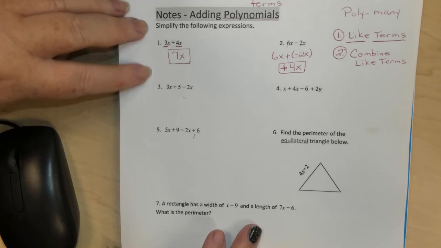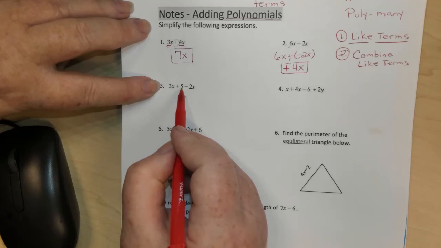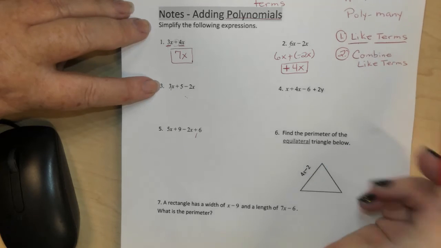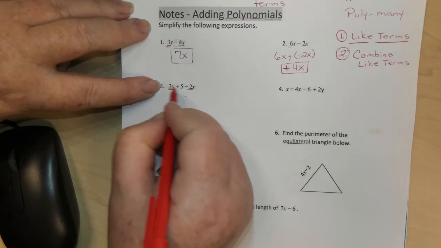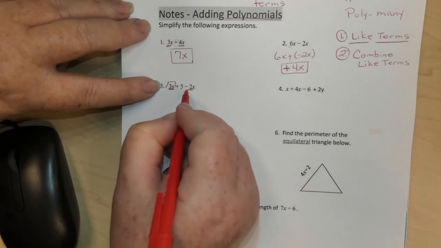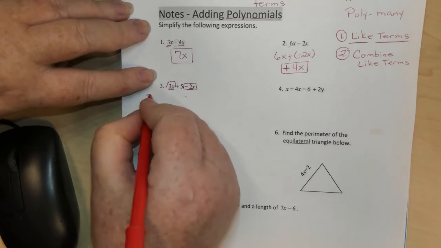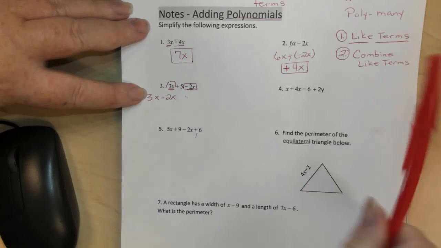All right, look at number 3. 3x plus 5 minus 2x. Let's find our like terms. This has an x, and this has an x. So 3x minus 2x. We group those together.